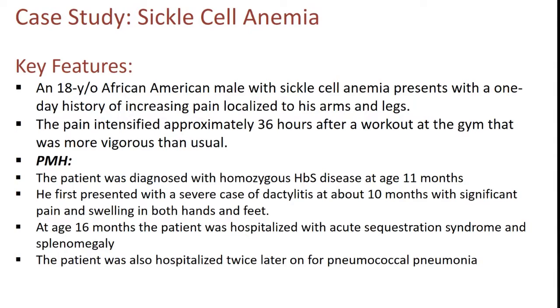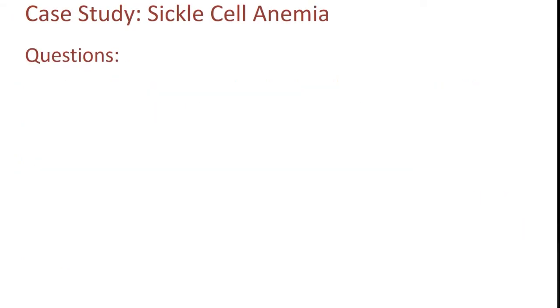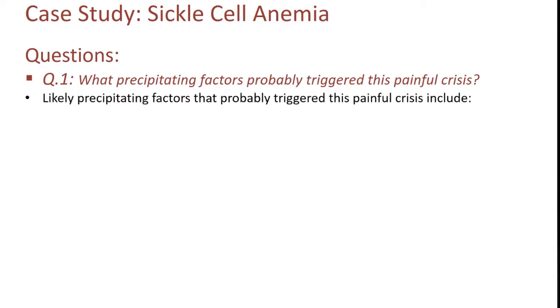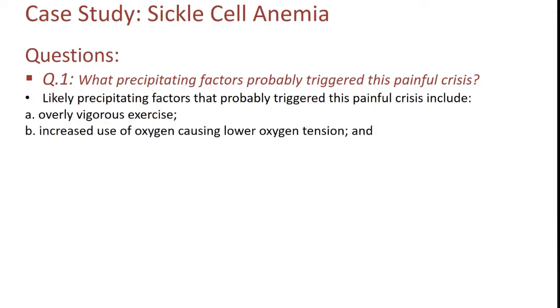Now, what precipitating factors probably triggered this painful crisis? Likely precipitating factors include overly vigorous exercise, increased use of oxygen causing lower oxygen tension, and decreased blood volume from sweating and not drinking enough fluids.